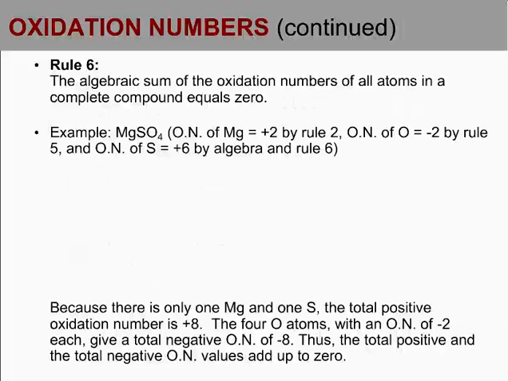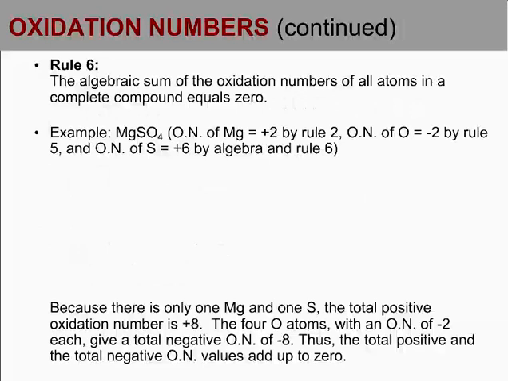And then rule number 6, which is really important: the algebraic sum of the oxidation numbers of all atoms in a complete compound equals 0. So if we have a compound which contains multiple elements, we want all of the oxidation numbers of those elements to add up to 0.